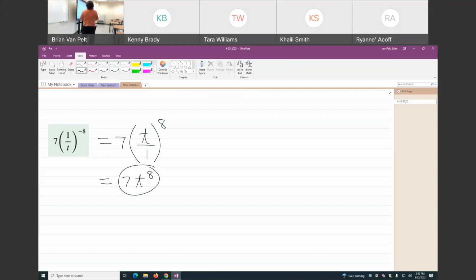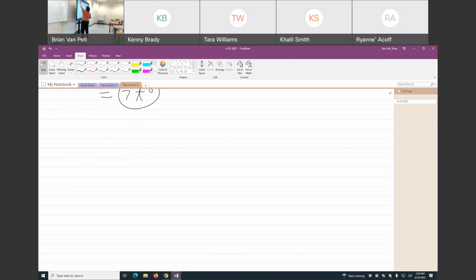All right, now for the weirdest ones. The end of the section, as usual. These may seem sort of weird.